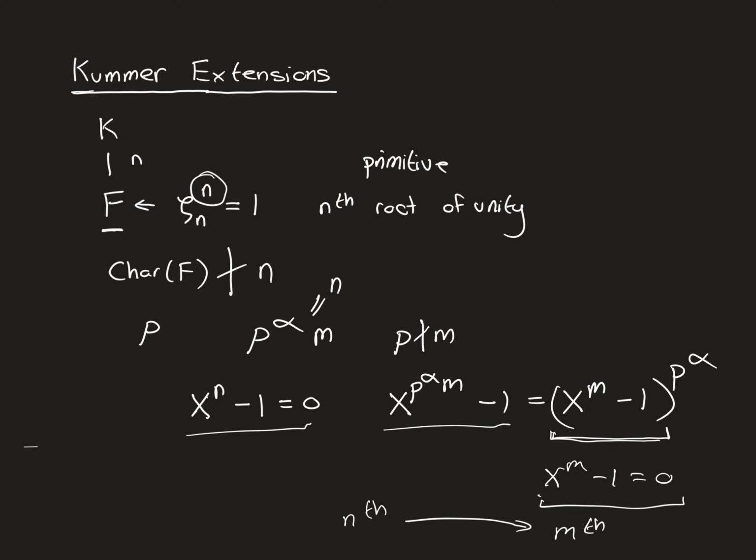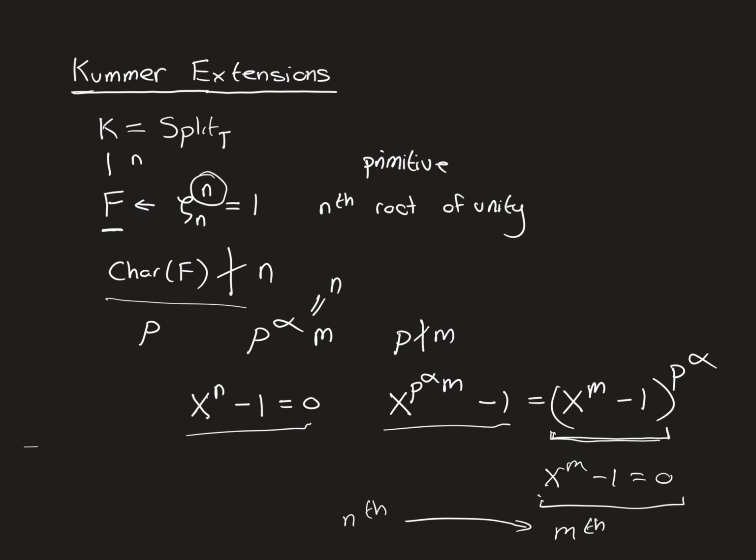So it therefore has to be the case, if the ground field contains a primitive nth root of unity, that the characteristic of the field does not divide n. Right? So back to the definition then of a Kummer extension. So we have this extension of degree n where the base field contains a primitive nth root of unity, and the field K, the extension, is the splitting field, and this is the definition then now of a Kummer extension.